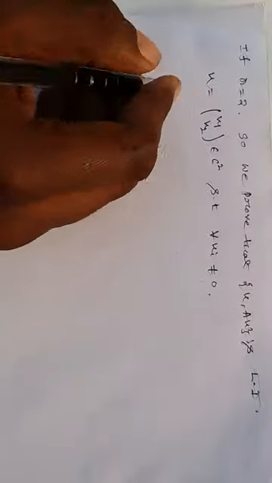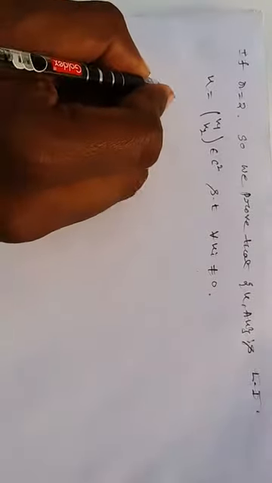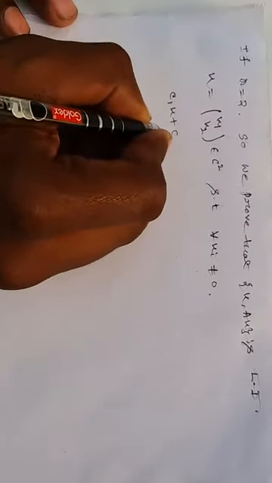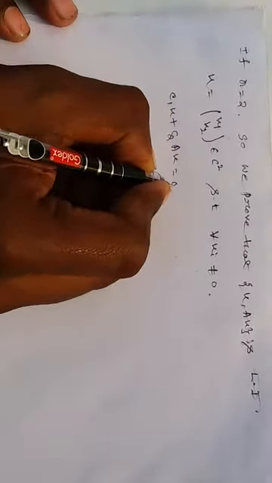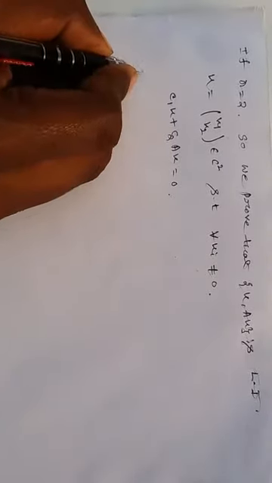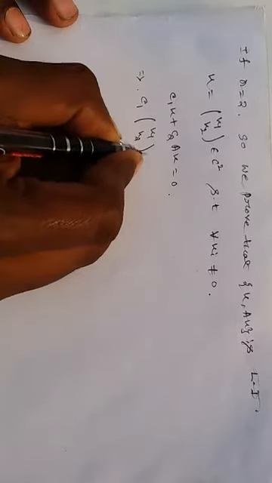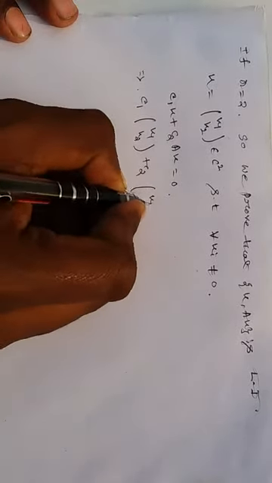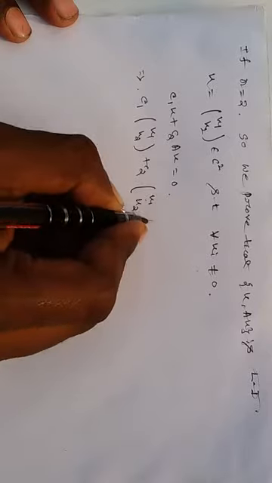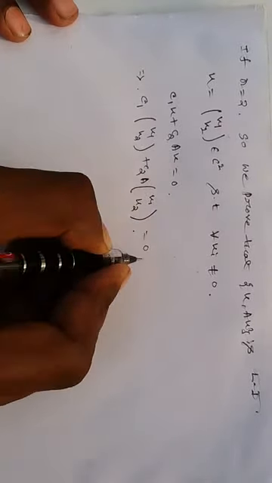So we show that this is linearly independent. We take an equation of this, and we want to prove that C1 and C2 equal 0, where C1 times (u1, u2) plus C2 times A into (u1, u2) equals 0.